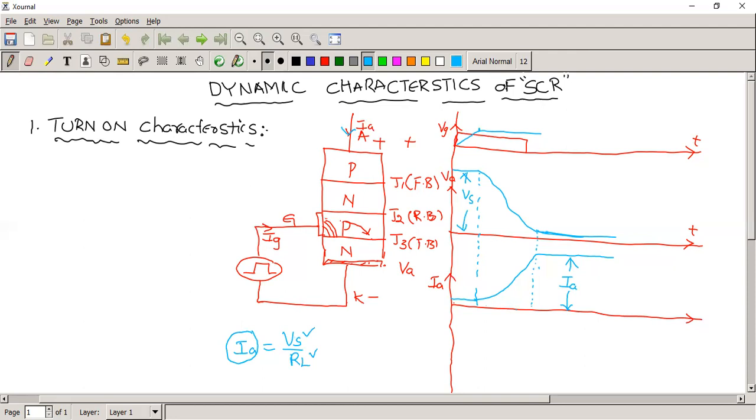Right? Now come here. Between these intervals, this is nothing but the turn on time. From this point to this point, this is T on. In shortcut we are representing it as the turn on time. So how we define the turn on time is how much time is taken by the SCR to change from blocking state to the conduction state.